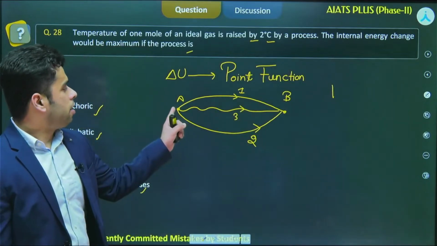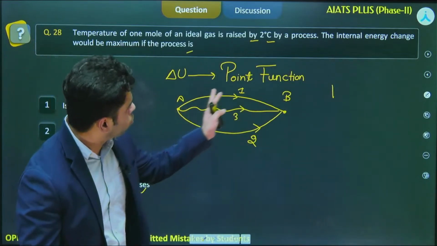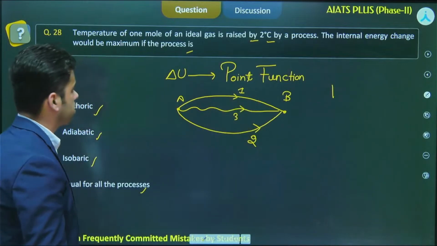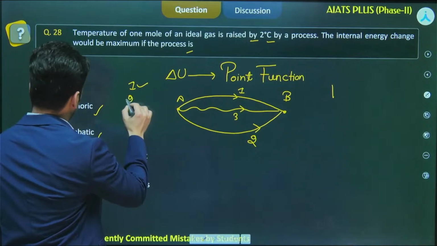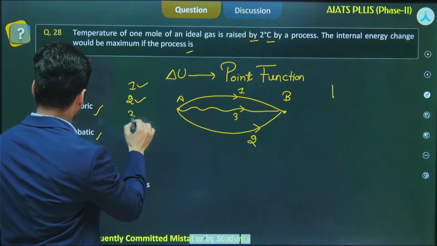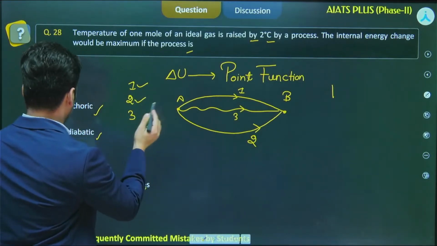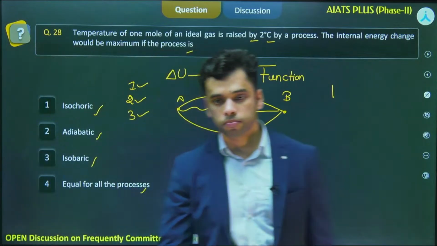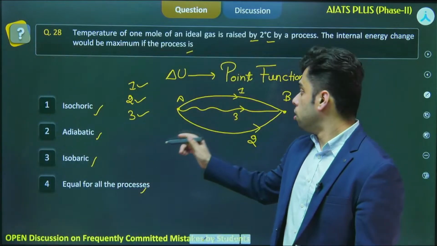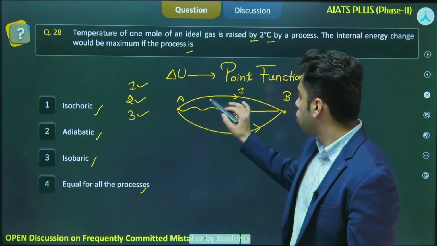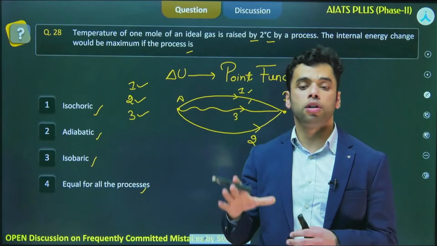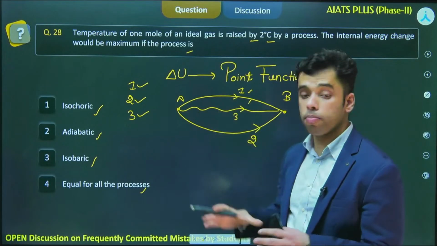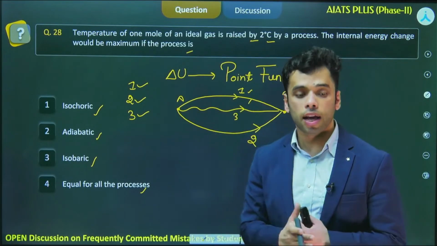Let me take one as isobaric, two as adiabatic, and three as isochoric. I need to calculate in which of these three processes the internal energy change is maximum.